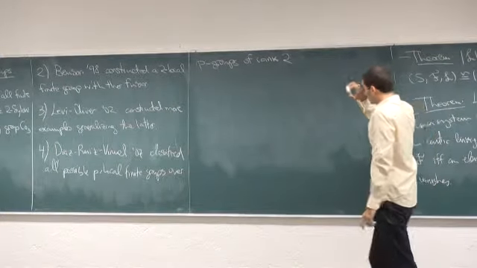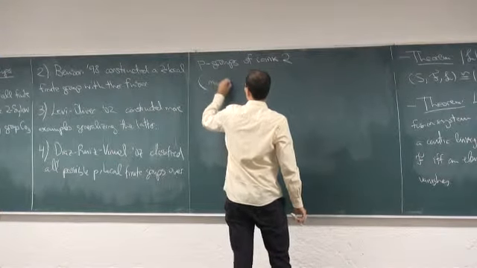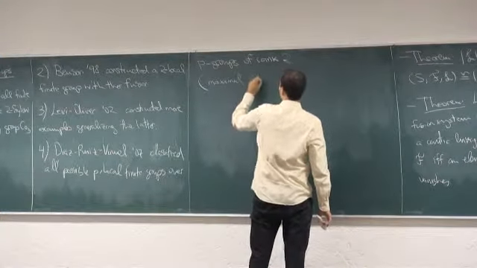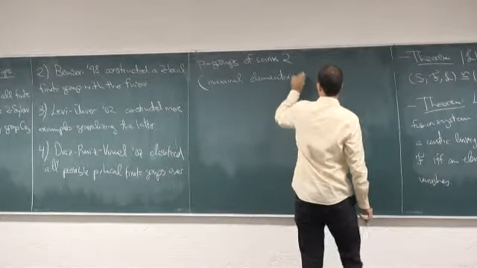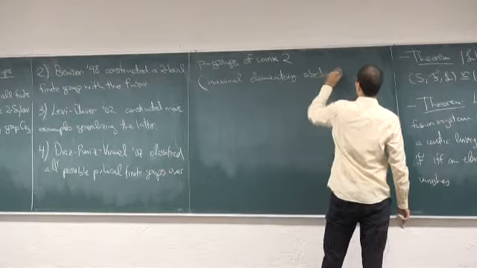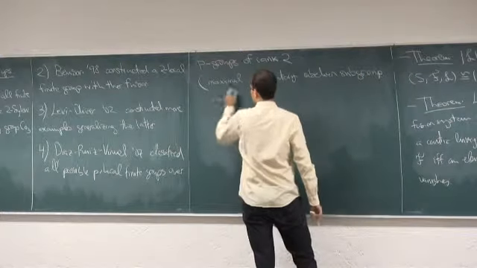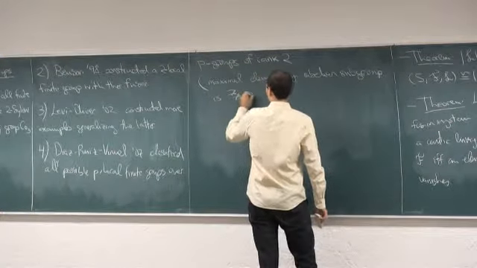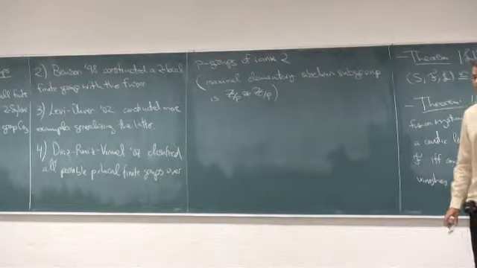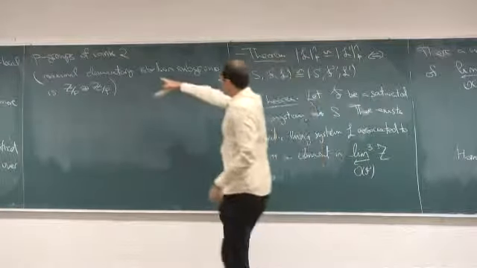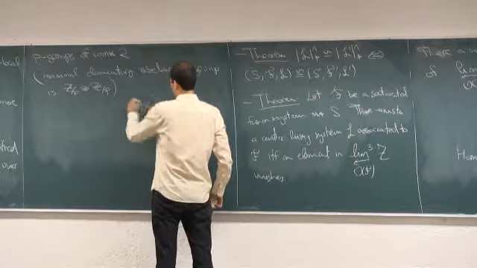Now, what does that rank 2 mean? Rank 2 means that the maximal elementary abelian subgroup is C_p × C_p. What does elementary mean? Well, elementary abelian means precisely this. It's something of the form C_p to the n.